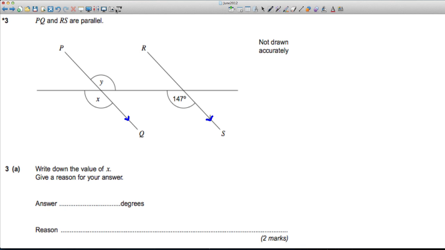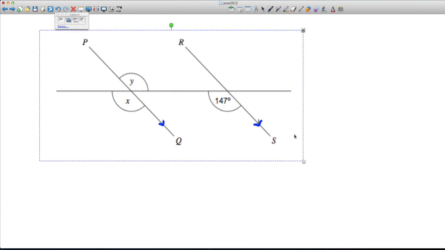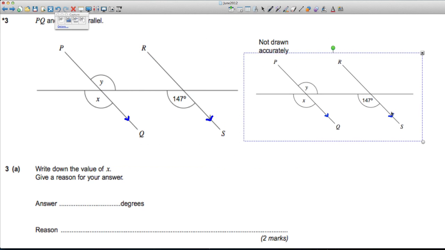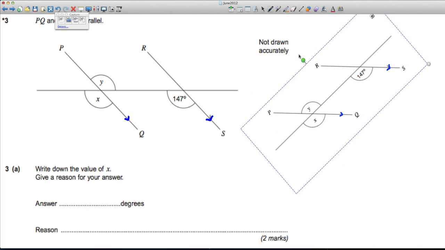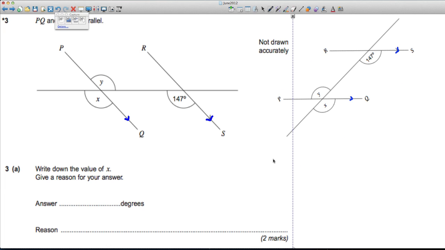You obviously can't do this in the exam, although you could turn the paper. The way this is drawn confuses me, I'm used to it being the other way. What I could do is twist my paper around as such, and it's the way I'm used to it. The parallel lines are the ones going across the page, if that helps me to think of it like that.